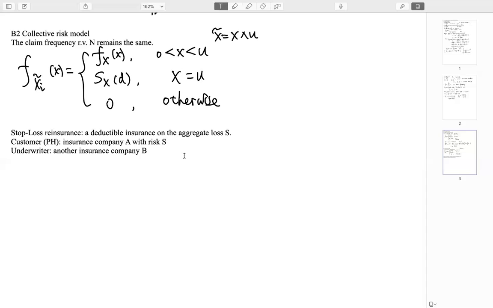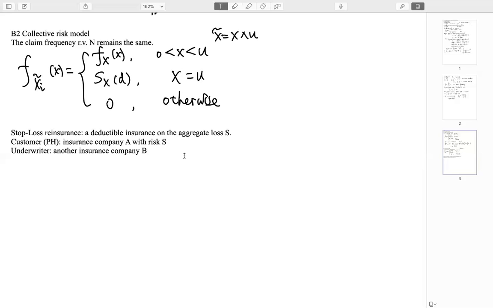Anyone with a house needs to buy home insurance. That's the business between individuals and company A. Once company A has underwritten many policies, they collect premium, but they also bear the risk as the aggregate loss.